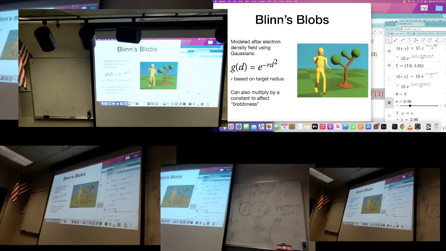Okay, blobby, going back, it's way over. That was the Gaussian, the original function. Again, e to the minus distance squared. That is 1 over e to the distance squared. And what r does here is help us with some target function, which, playing with GeoGebra, is like the standard deviation for the Gaussians.